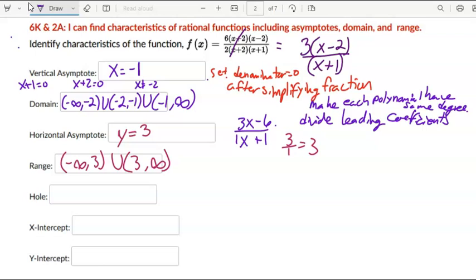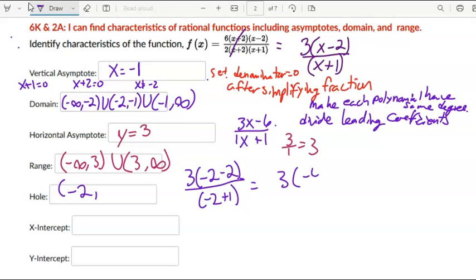Okay, the hole, we know that it's going to be at negative 2. Now for the y value, after you have your simplified expression, you're going to plug that number into x to evaluate. So we have 3 times negative 4 all over negative 1.